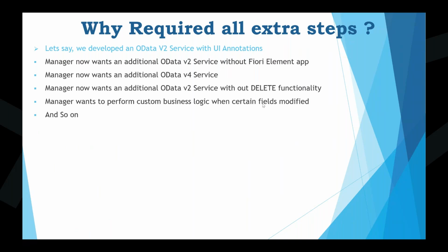OData V2 supports the batch request, but using OData V4 we can easily bind it and have better structure. Whereas in OData V2 inheritance is not possible, V4 fully supports it. OData filtering and paging we have in V2, but more advanced options are there in OData V4.